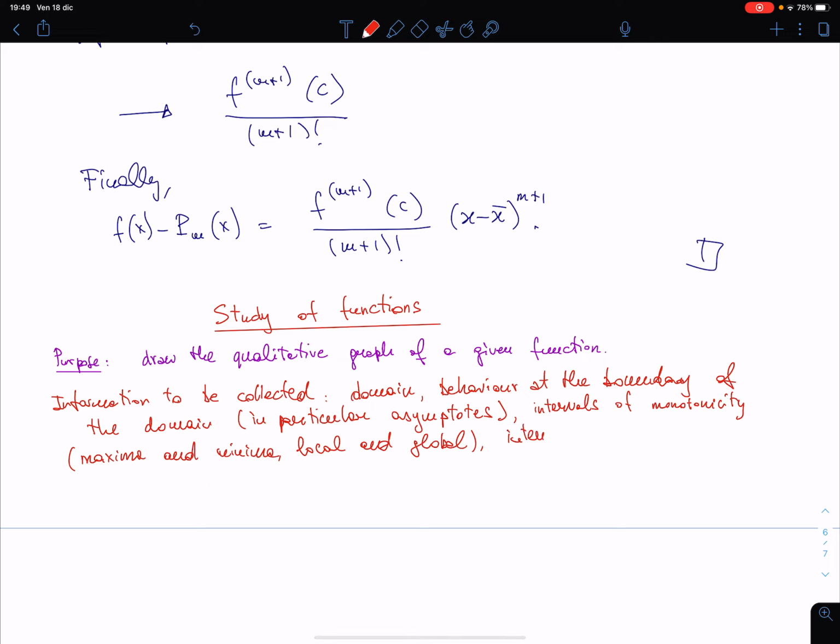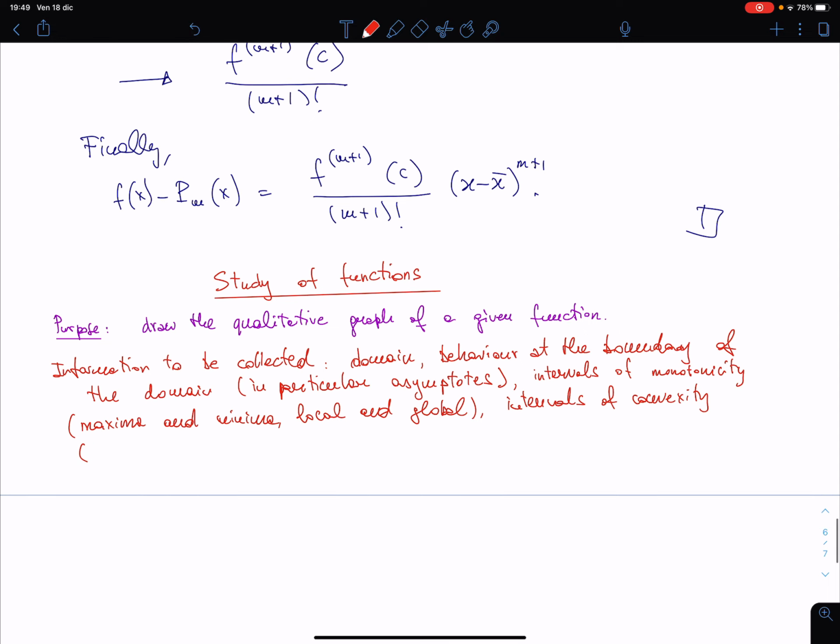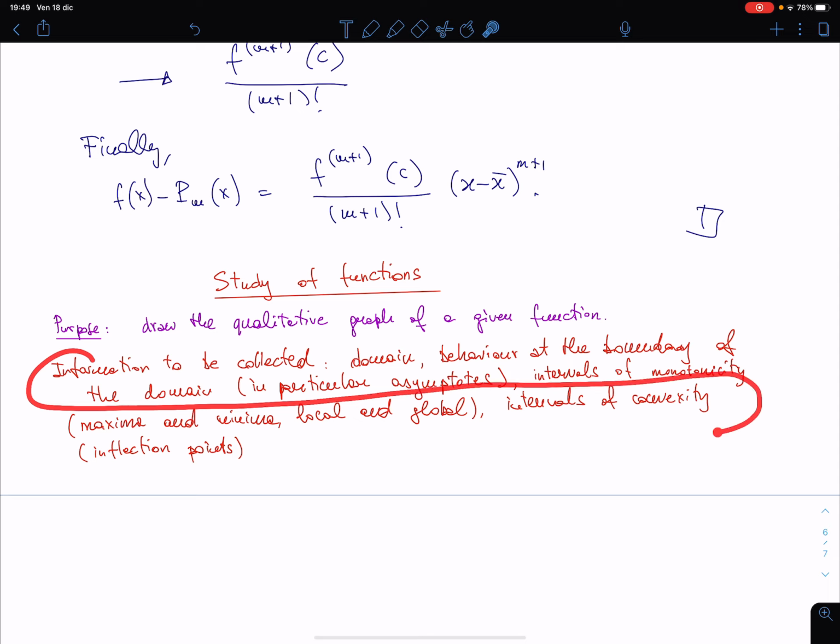So here we have intervals of convexity. And in particular, the study of the inflection points. Okay? So, all of these points are well known except the last one.